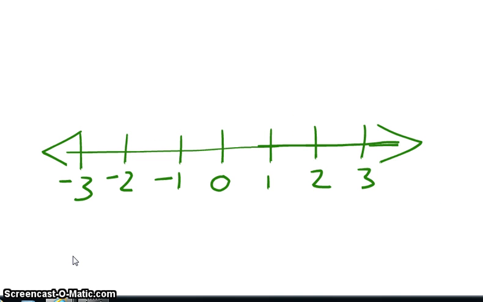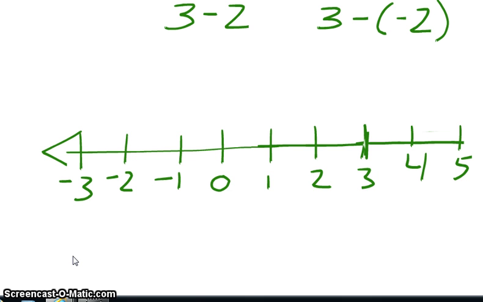So let's look at another example of that. Again, let's say we wanted to subtract 3 minus 2. We would start at 3, and we would go back 2 spaces. 1, 2. And our answer would be 1. Well, let's say we wanted to do the problem 3 minus negative 2.